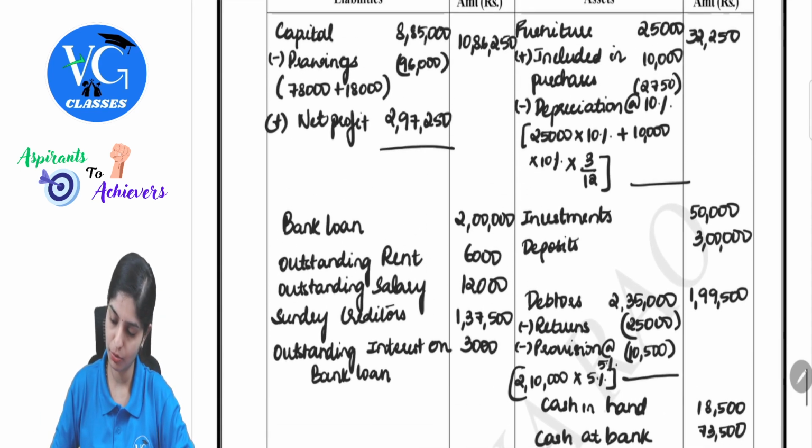Plus 2 lakh plus 6,000 plus 12 plus 137,500 plus 3,000 minus 32,250 minus 50,000, 3 lakh, 199,500, 18,500, 6,000.